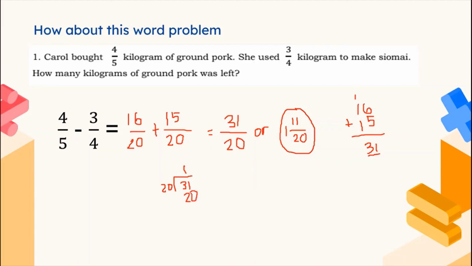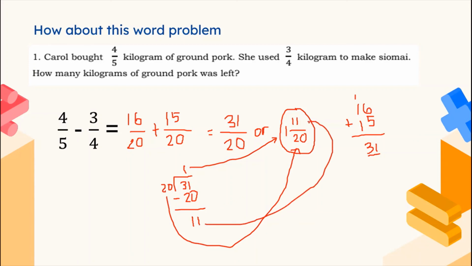And let us subtract 31 minus 20. The answer here is 11. To change this into a mixed number, 1 here will be our whole number, 20 will be our denominator, and the remainder 11 will be our numerator. So the final answer here is 1 and 11 over 20.